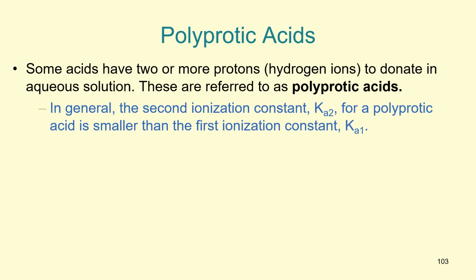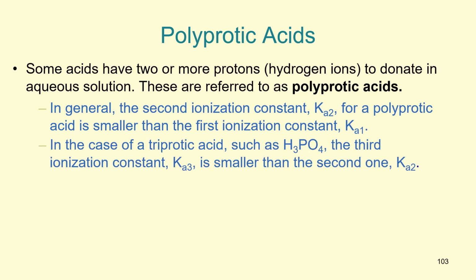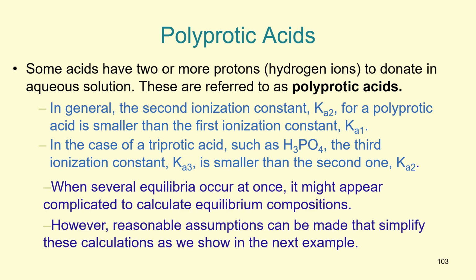Like I said, the second one will be smaller. If there's a triprotic acid like H3PO4, there'll be 3 ionization constants. It might appear complicated to calculate our equilibrium, and we're going to make some assumptions and work through it. So we'll see.